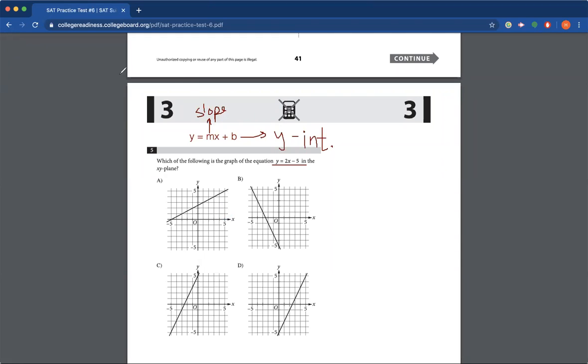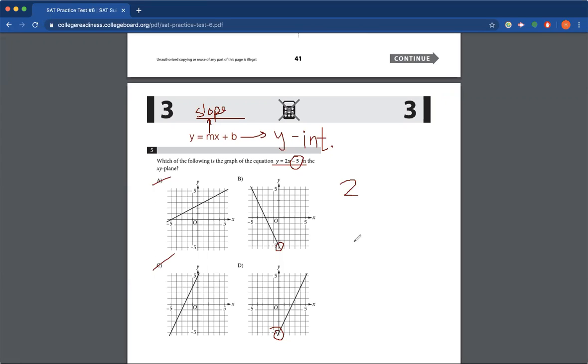So we want a y-intercept of -5, you see? So we have to see where on the y-axis it hits -5. This doesn't hit -5, this hits +5, not -5. So you see this here crosses -5, this here crosses -5. Now we have to check our slope. Our slope over here is 2, and 2 is a positive number.